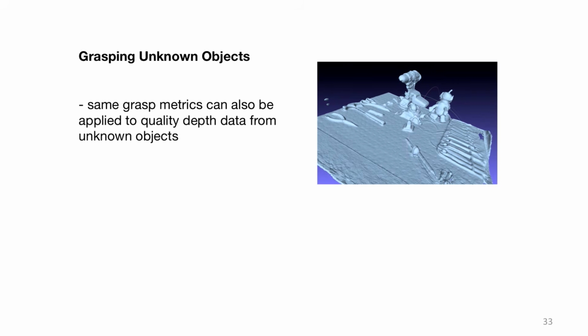As we're showing in the top right, if you're careful about calibration and other things, you can get very rich geometric representations of the objects in front of you, even if you've never seen them before. And it turns out that in a lot of cases you can just apply these same grasp metrics and try to grab something using the geometry in front of you, and that turns out to work pretty well in a variety of cases.